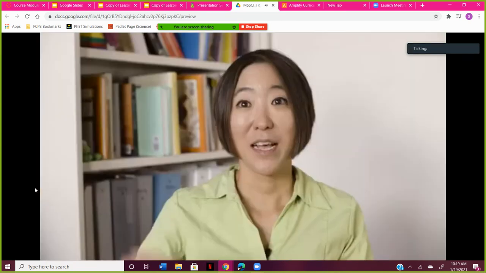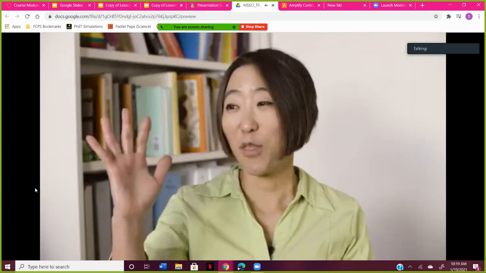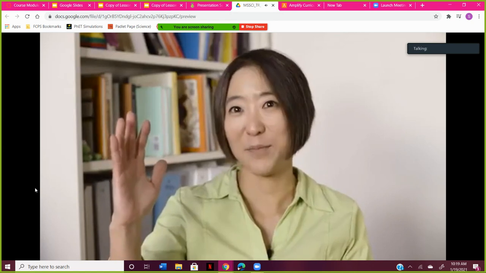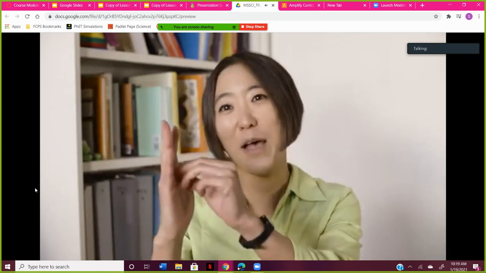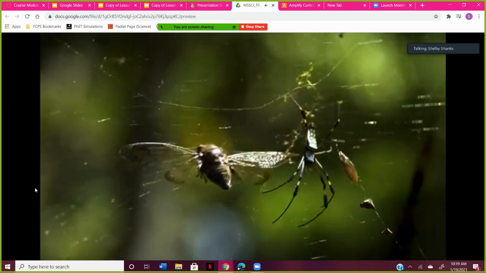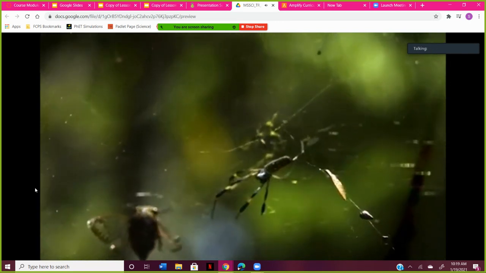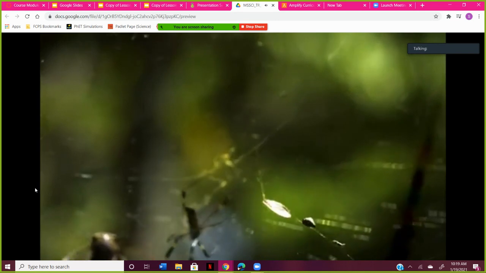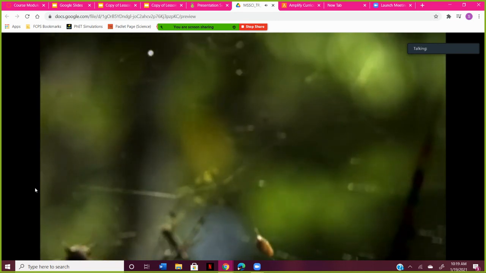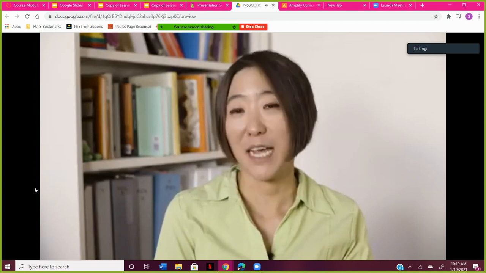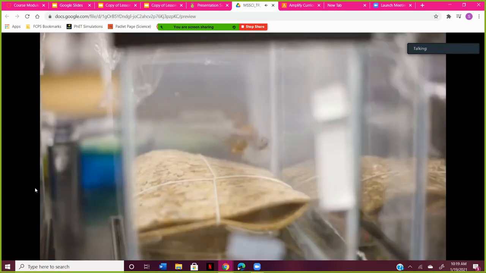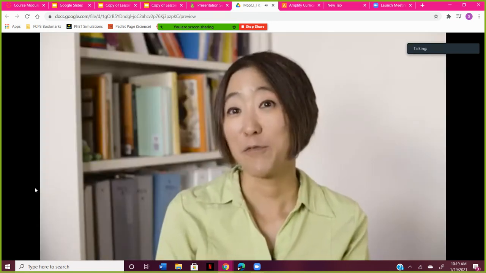So imagine a spider web that's so thin it's nearly invisible. If an insect flies into the web, the web stretches and extends, and it's able to absorb the impact of that insect. In our laboratory, what we do is first pick a web.